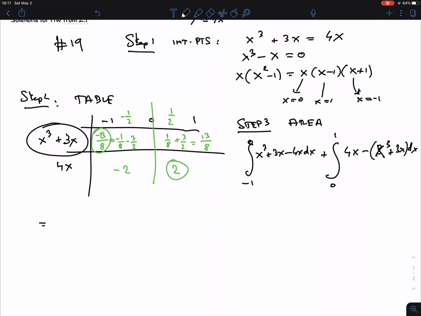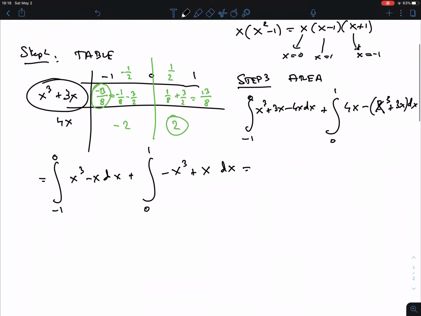So what we get is the integral from minus 1 to 0 of x cubed minus x dx plus the integral from 0 to 1 of 4x minus x cubed minus 3x, so that is minus x cubed plus x. And again, you see that these two things are almost the same except for the negative side.